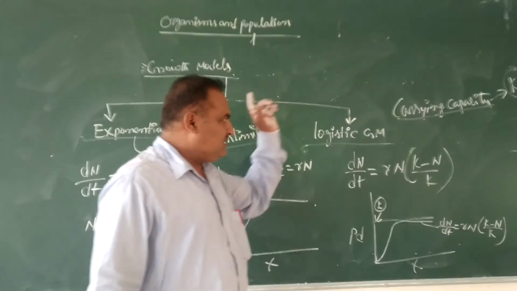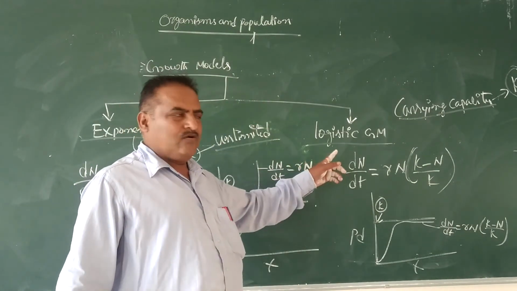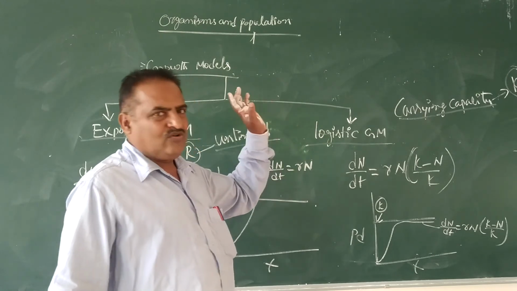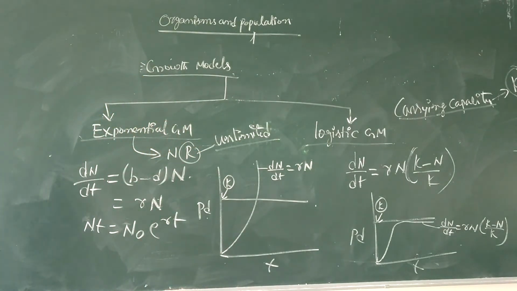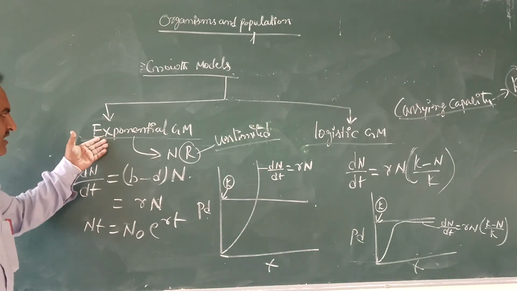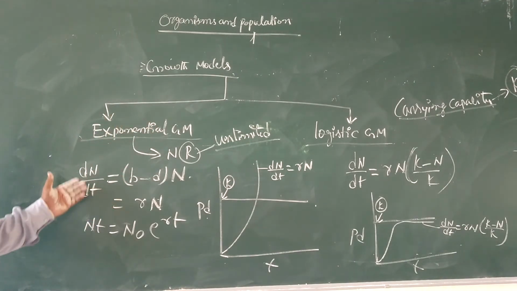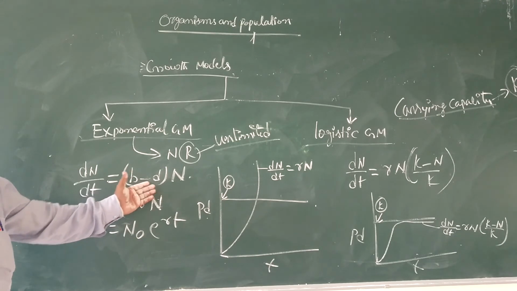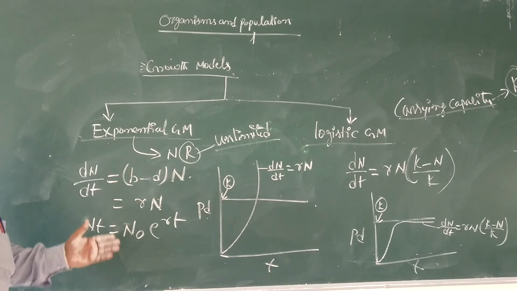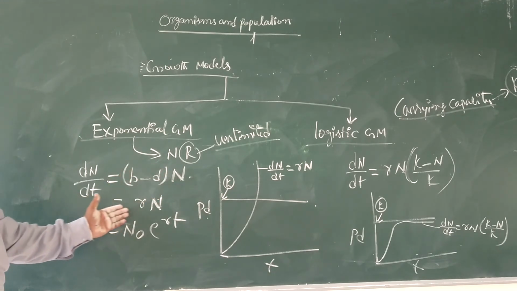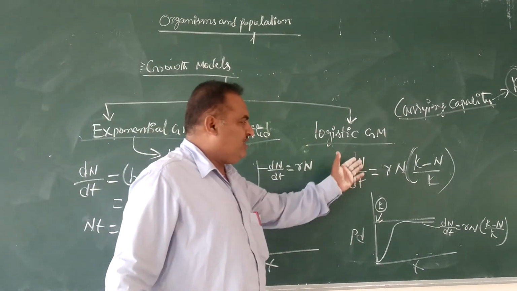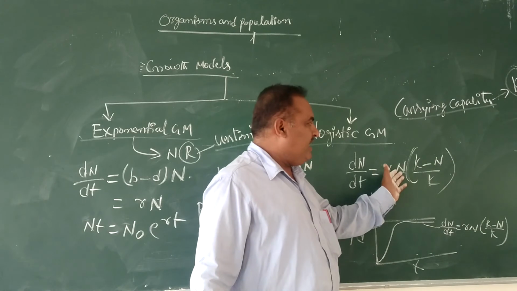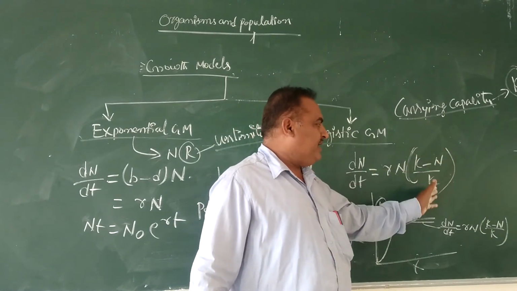The sigmoid curve is the common growth curve of a population, called the logistic growth model. The exponential growth equation is dN/dt equals (b minus d) N, or dN/dt equals rN. But in the logistic growth curve, dN/dt equals rN (K minus N) by K.